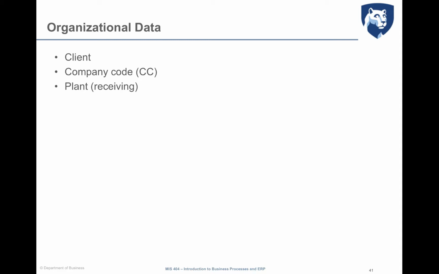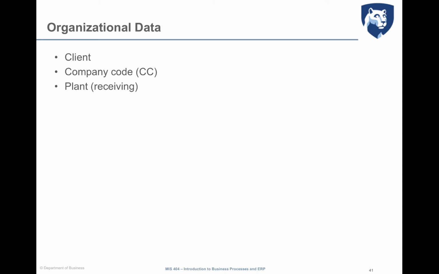Organizational levels relevant to the procurement process include some organizational data that we already discussed in the past, like client, company, and plant, and the meaning remained the same.